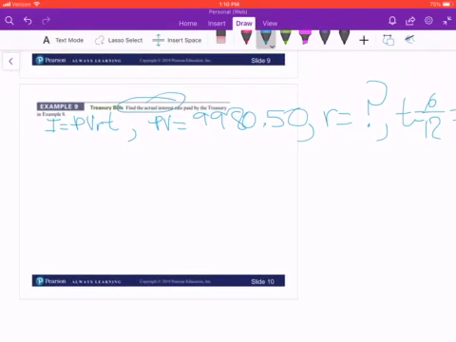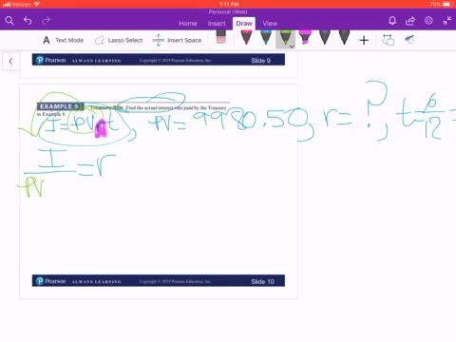So in this case, if we take this interest formula and solve for the rate, you can see how the present value and the rate are multiplying to the R. So I'm going to have the interest here on the left, and then the present value will go across and be dividing, so I will put it down here.